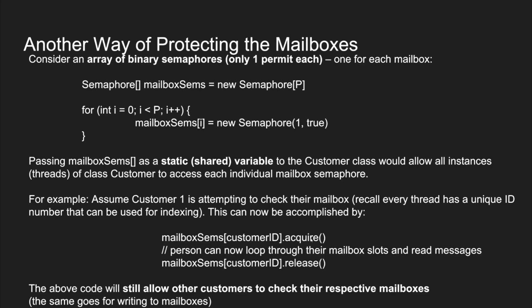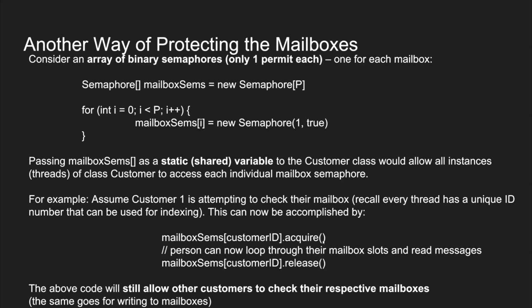We acquire the mutex on our own mailbox so no one else can look at it. So a person can now loop through their mailbox slots and read messages, and then after we're done reading from our mailbox, we can release that same semaphore. So this way, while we're in here where the comment is, no other thread will be able to add mail or change the contents while we're reading it, but they can get every other mailbox.